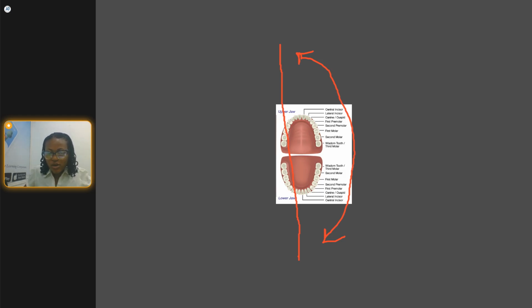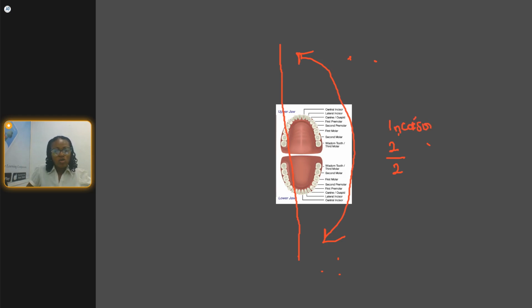We have the central incisor, we have the lateral incisor. So we have two incisors at the half of the upper jaw, and in the lower jaw we have two incisors. So the dental formula for humans is 2/2. That is how we come across 2/2 for incisor.